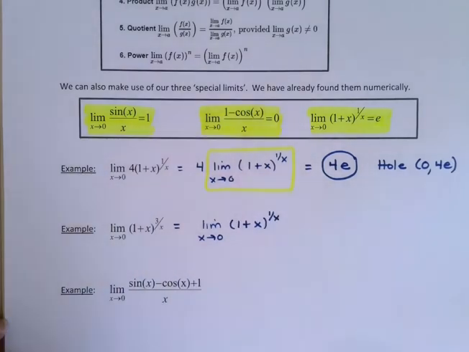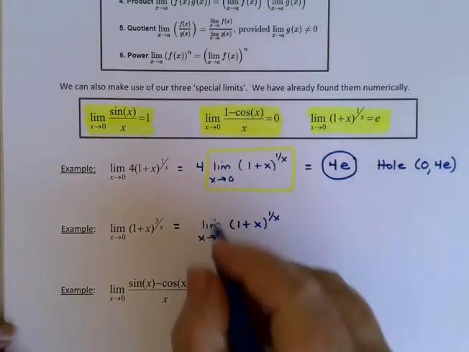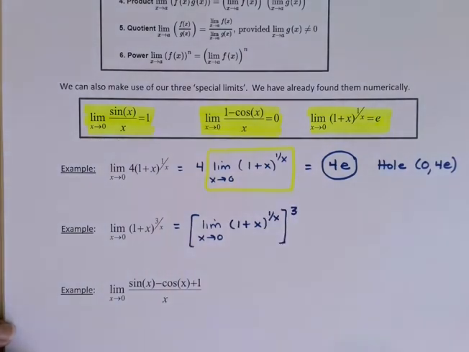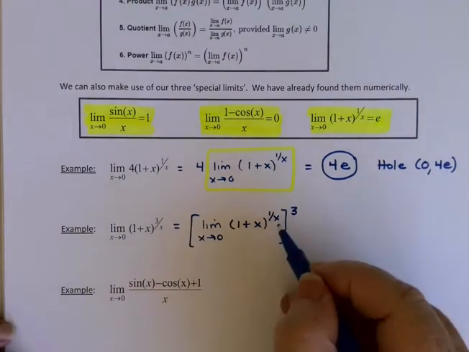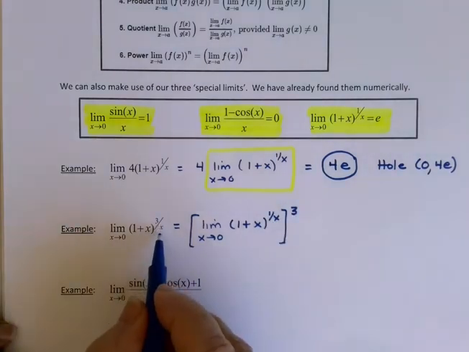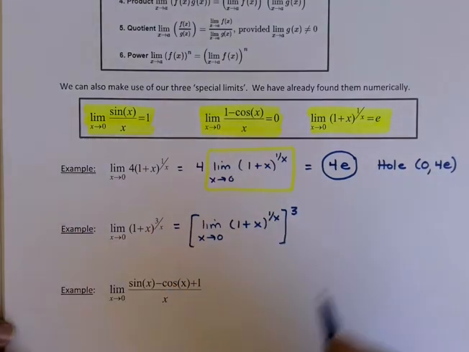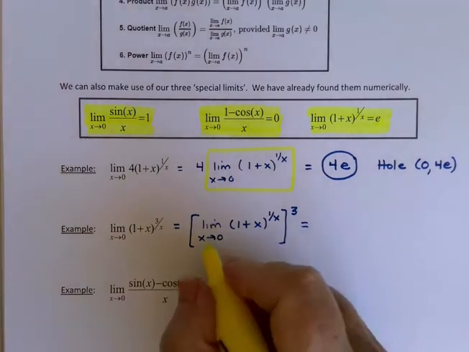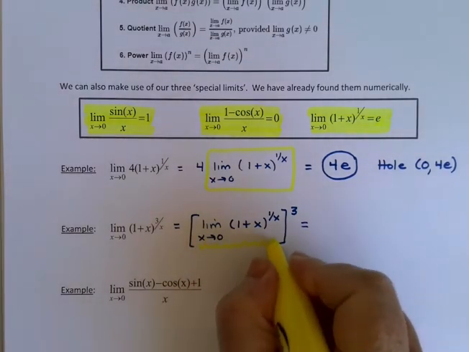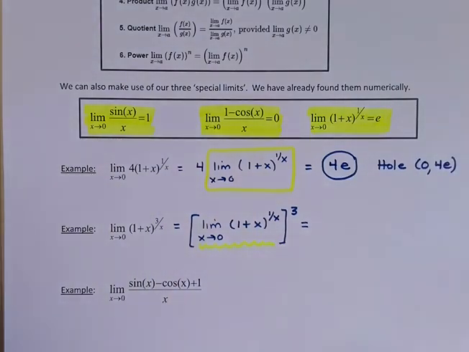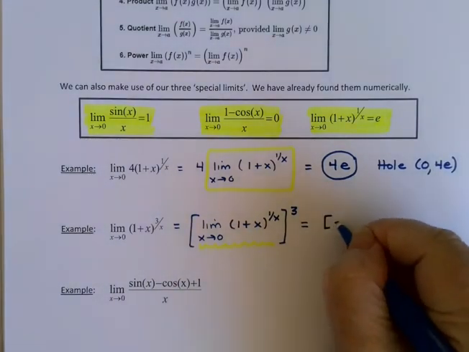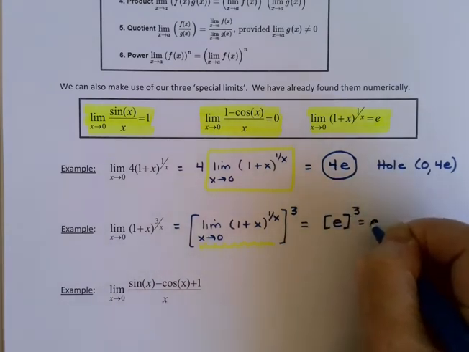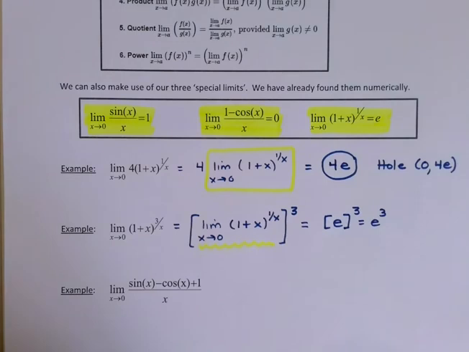So I'm going to rewrite this as the limit I know, all raised to the third power. Notice if I were to multiply those exponents, I would get the 3 over x right back again. What I have inside the brackets now is a perfect match for that special limit, so its value is e. And then I have to cube that, so I just get e cubed.